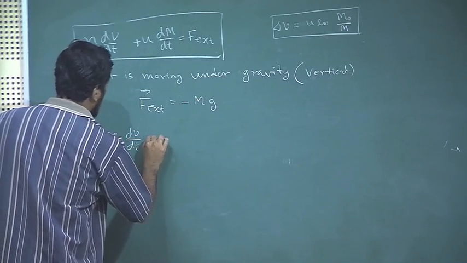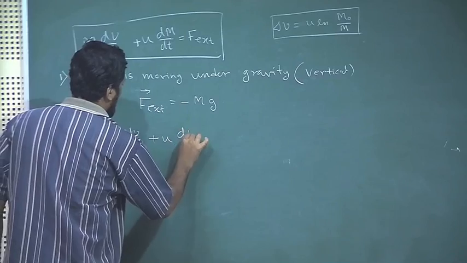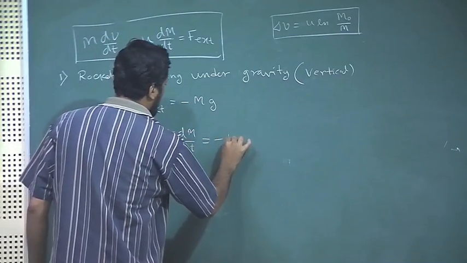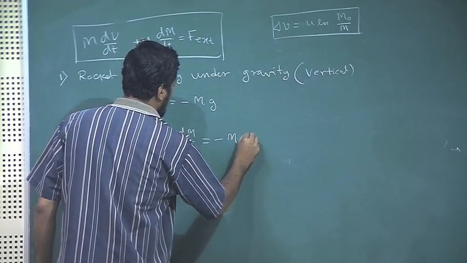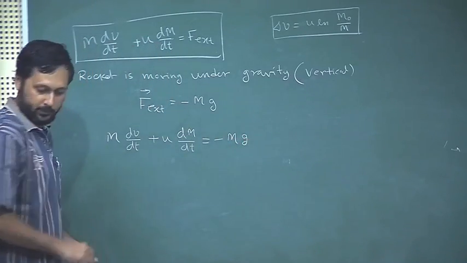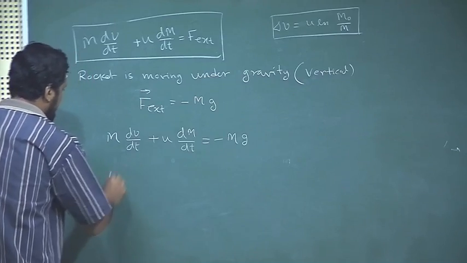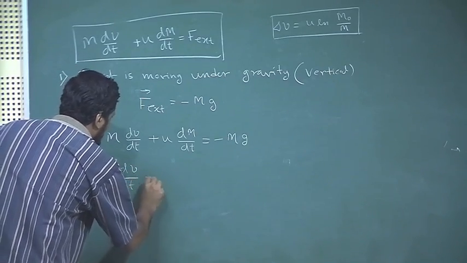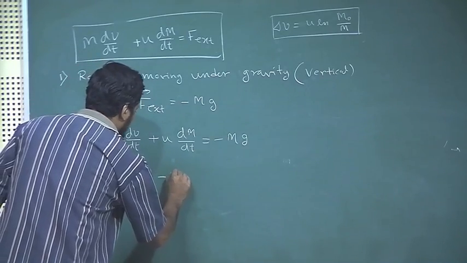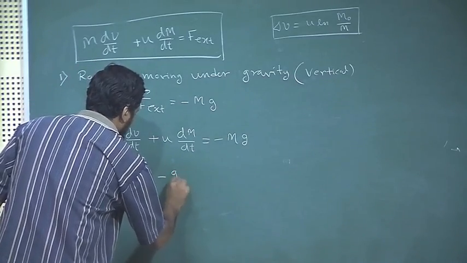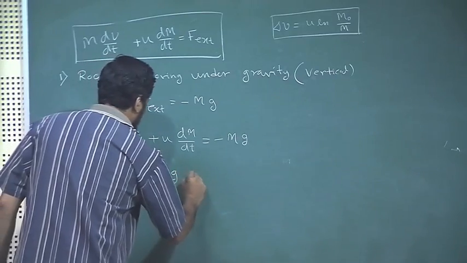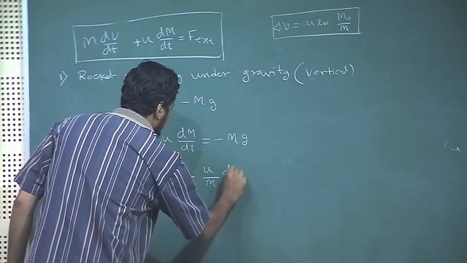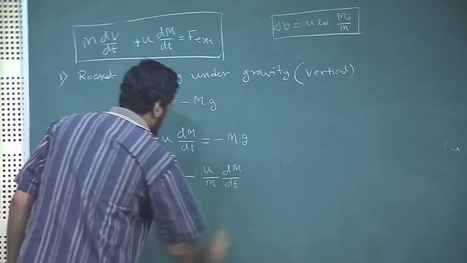So, it is M dv/dt plus u dm/dt is equal to minus Mg. Okay. So, if we rearrange this to give dv/dt is equal to minus g minus u by M dm/dt.